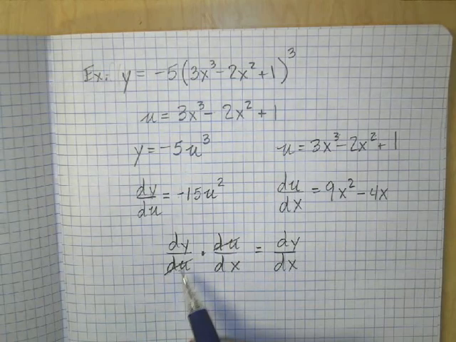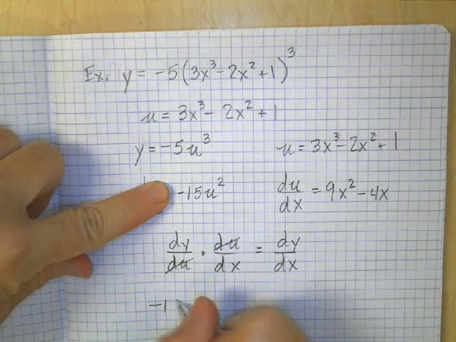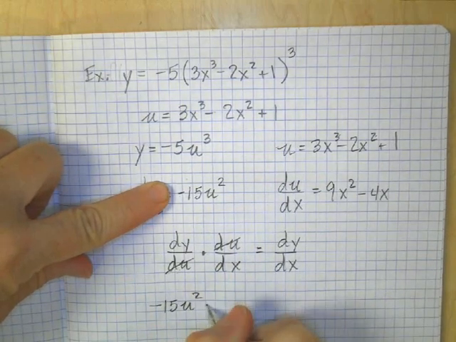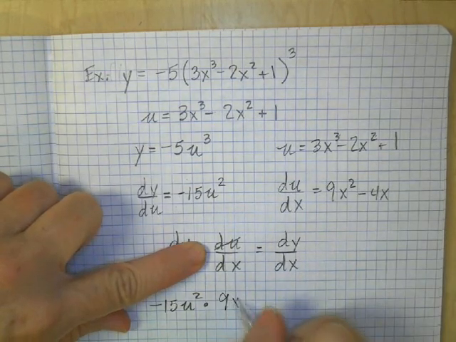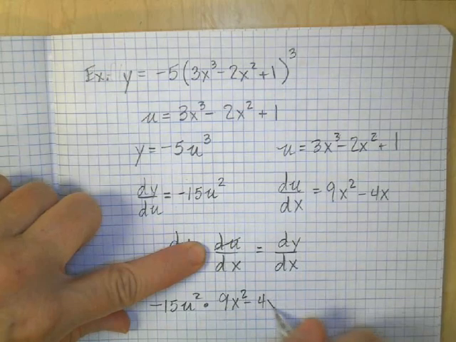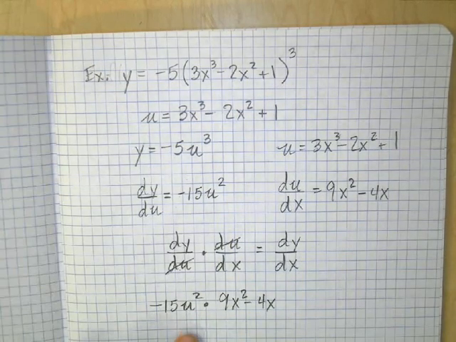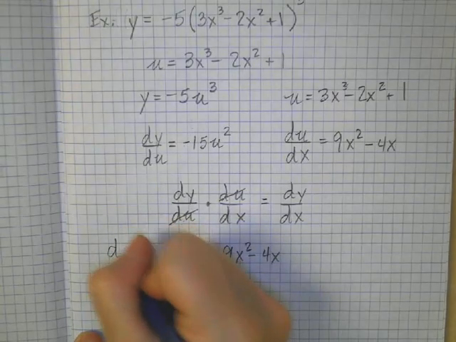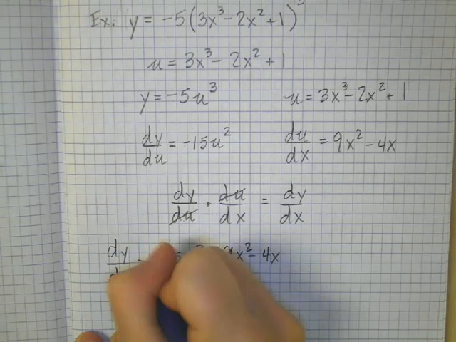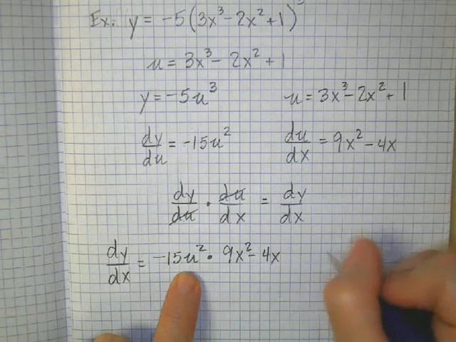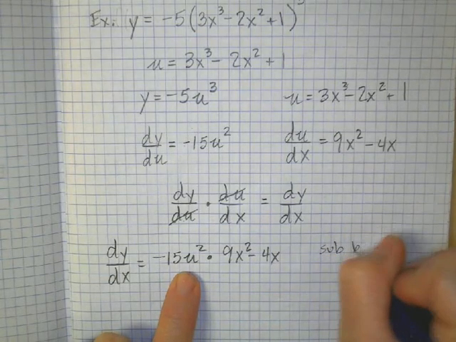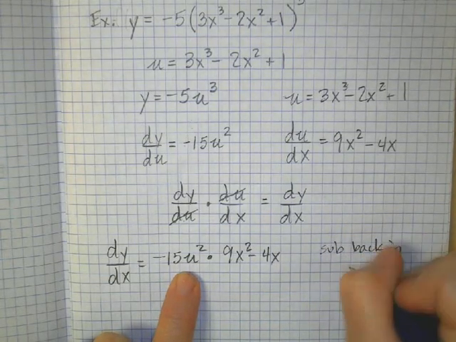Okay, let's do this now. dy/du is negative 15 u squared, times du/dx, which is 9x squared minus 4x. But notice I have an extra variable in here, so don't forget to substitute. This is my dy/dx. That's the thing about U substitution: you've got to remember to sub back in for u.